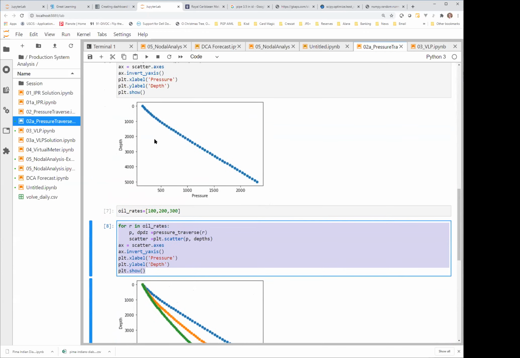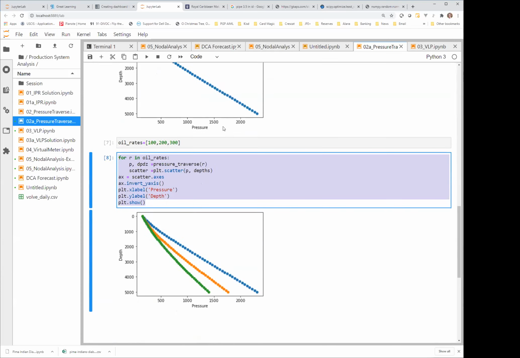But in this, what we have is a way to compute my flowing pressure as a function of depth for given flowing conditions, rates, and for given configurations, like pipe diameter, angle, deviation.